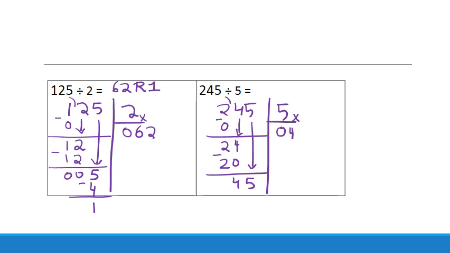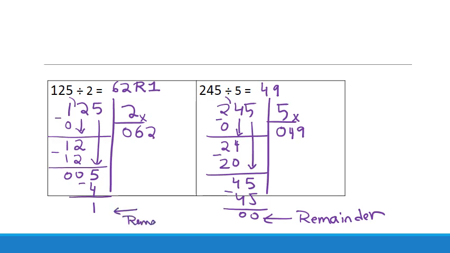Now 45 divided by 5 is 9. Multiply, subtract, and that's it. So the number is 49. The remainder here is 0. In this one, the remainder is 1. Okay, so this is the quotient.